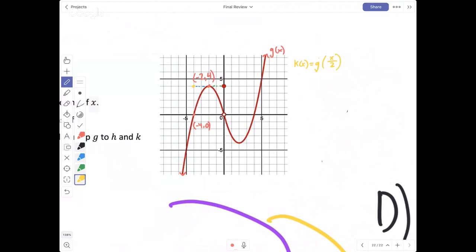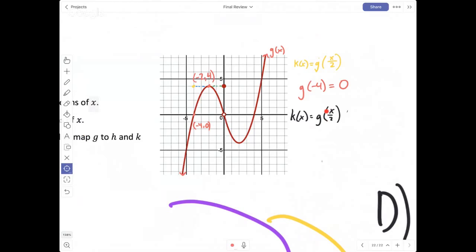I know that this is g of x over 2. I'm going to say, all right, a thing I know about g of x from this red graph is that g of -4 will equal 0. By definition, I know that k of x equals g of x over 2. Well, what x value could I plug into this expression, x over 2, and get -4? Because I know what g of -4 is. Obviously, -8.